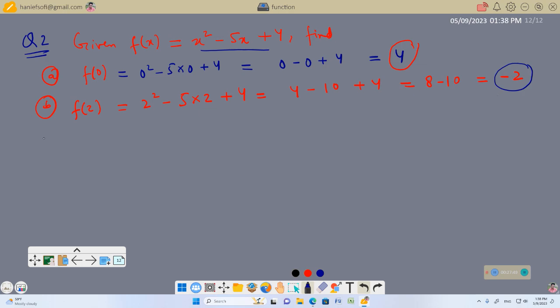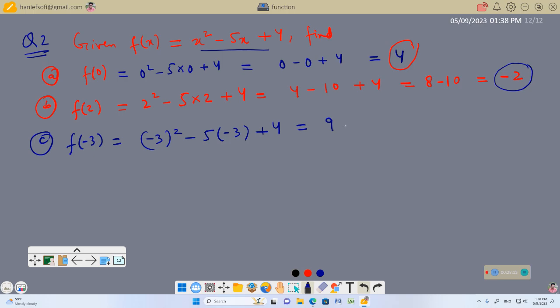So let us move to part C. Let's find f of minus 3. Put minus 3 in the function instead of x. That is minus 3 square minus 5 into minus 3 plus 4. What is that equal to? Minus 3 square is 9.